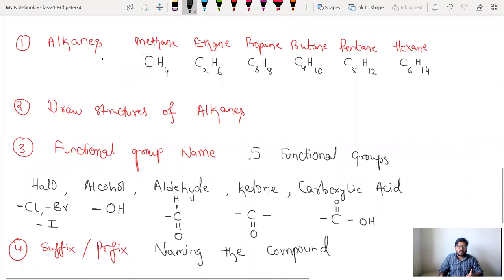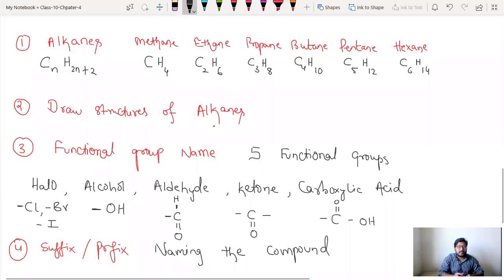So first point, you should know alkanes: methane, ethane, propane, butane, pentane, hexane. You should know formulas: CH4, C2H6, and the general formula CnH2n+2. Draw structures of alkanes; you should be able to draw. Number 3, there are 5 main functional groups in your 10th class: halo, alcohol, aldehyde, ketone, carboxylic acid.